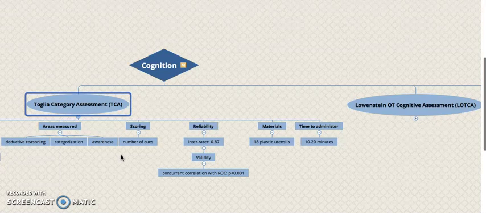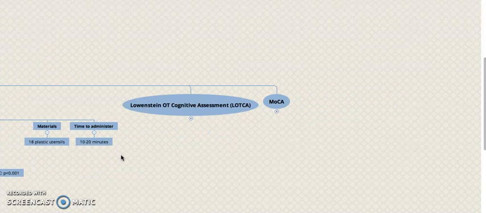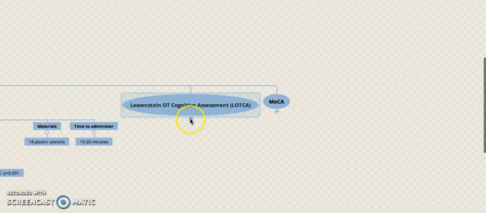Areas measured include deductive reasoning, categorization, and awareness. The scoring is based on number of cues required. The reliability is inter-rater, it's excellent, and for validity, concurrent correlation is with a p-value of less than 0.001. The materials include 18 plastic utensils, and the time is 10 to 20 minutes.